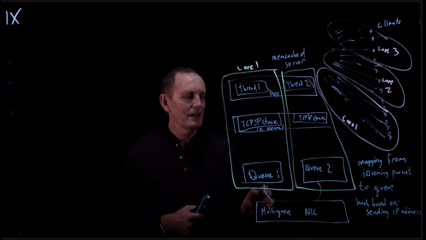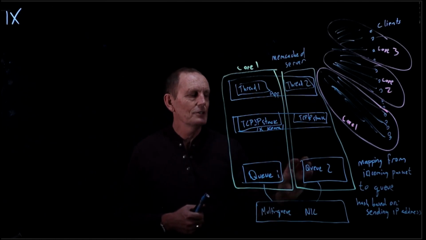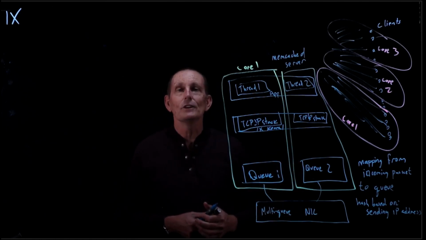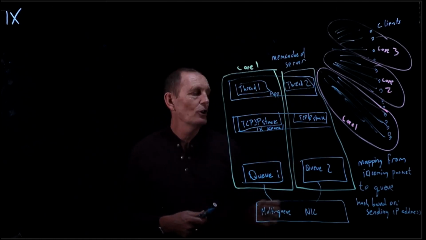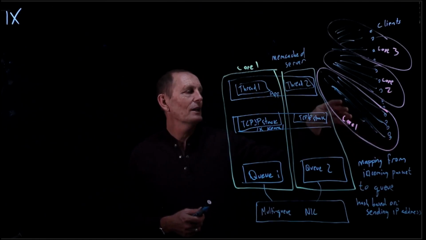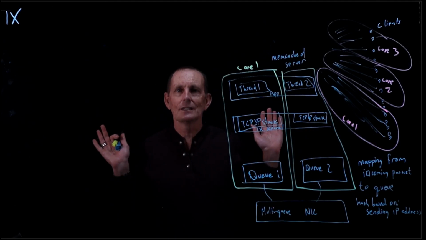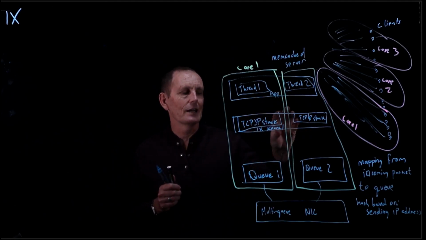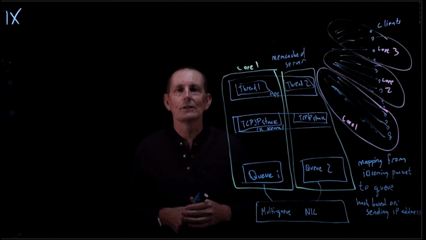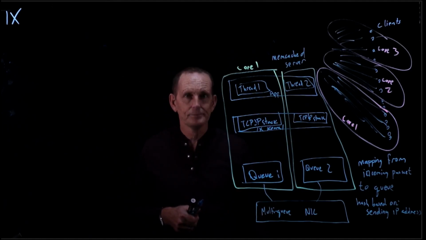What we're going to do is basically have the Linux kernel set up these queues, set up the filters and the hashing to determine which incoming packets get sent to which queue. And then Linux is out of the picture, and it's just a matter of the IX kernel who is dealing with these incoming packets.